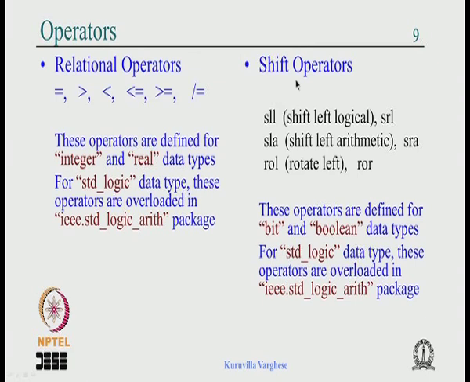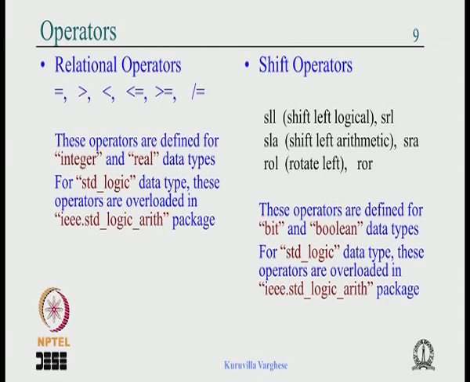And when it comes to shift operators, you have logical shift, arithmetic shift, and rotate. So you have shift left logical, SLL, which is just a simple left shift, shift right logical is a simple right shift, and shift left arithmetic and shift right arithmetic work with 2's complement numbers. In 2's complement you know that the most significant bit, the MSB, is the sign bit.